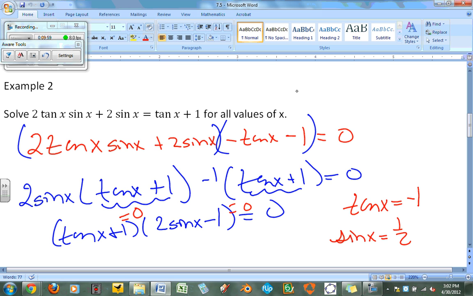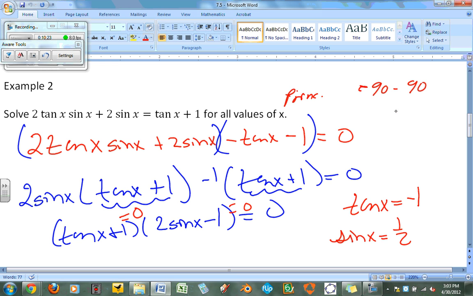It didn't say for principal values. I think it's supposed to. It's supposed to say principal values. So that's from negative 90 to 90. Tangent equals negative 1 at, I think, is that negative 45 degrees?